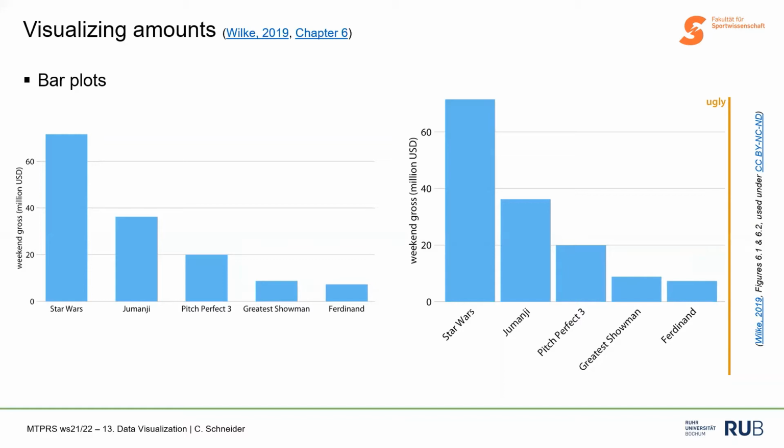What is suboptimal on the right-hand side is that the labels are flipped, the labels are rotated. And yes, it's a little bit more efficient use of the space that we have for the figure, but it's far more difficult to read the labels. On the left-hand side, looking at the labels for the different films, for the different movies, is way easier than on the right-hand side.